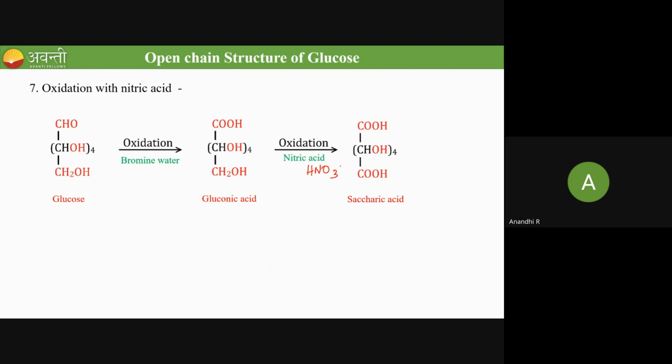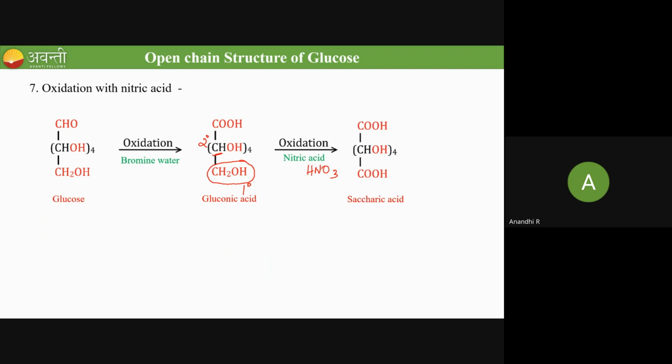So see the formula. Here oxidation occurs at the OH-containing carbon, that is the last carbon. The last carbon is getting oxidized to carboxylic acid. What is this? CH2OH, which means it is a primary alcohol. So the primary alcohol is getting oxidized to carboxylic acid on reaction with HNO3, but the secondary alcohols, all these 4 carbons are secondary carbons, right? CHOH.